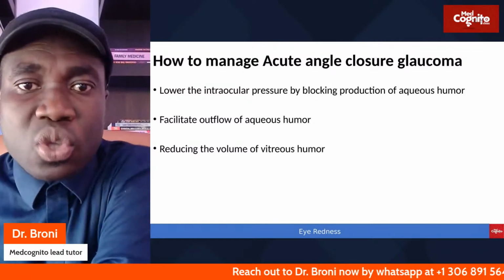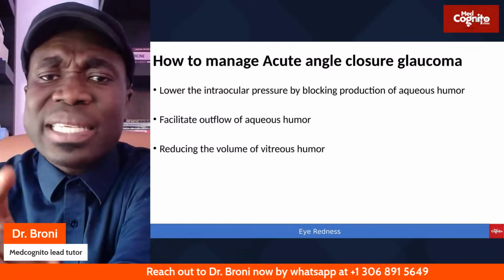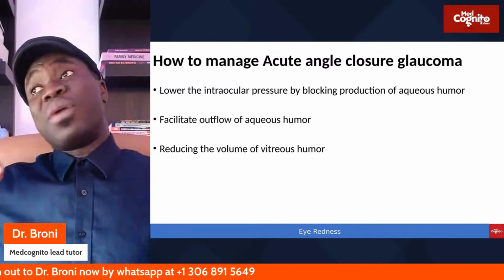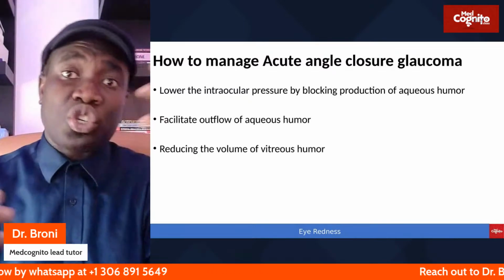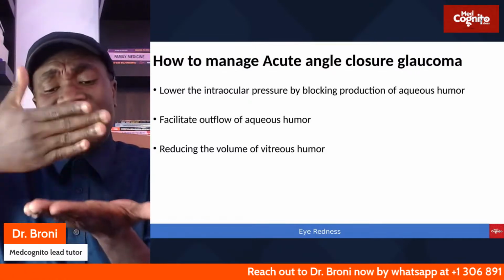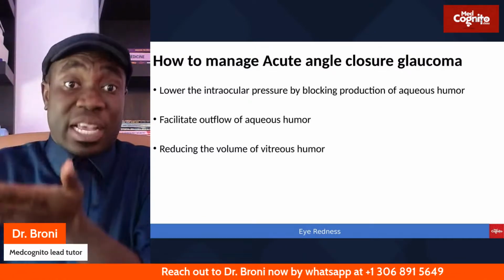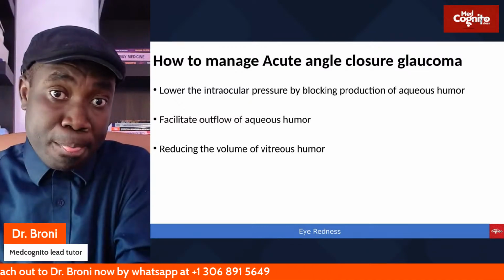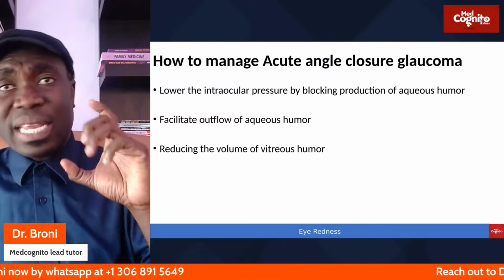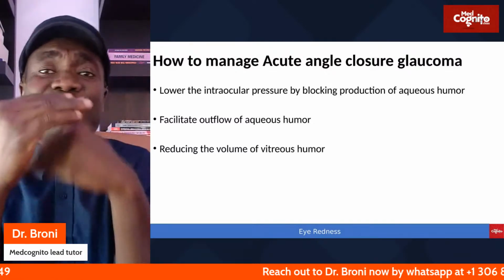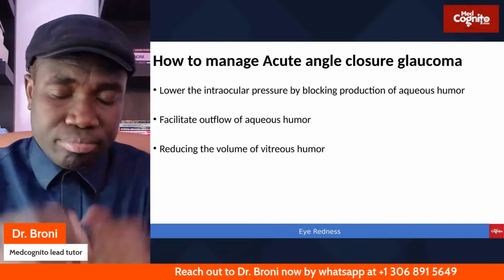Okay, good. So how are you going to manage acute angle closure glaucoma? If you understand the aqueous humor and the flow of the aqueous humor, it will help you know the various places you need to touch in order to manage it. Remember that we said acute angle closure glaucoma could be a result of excessive aqueous humor production.